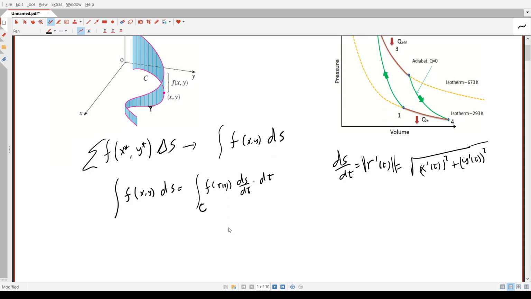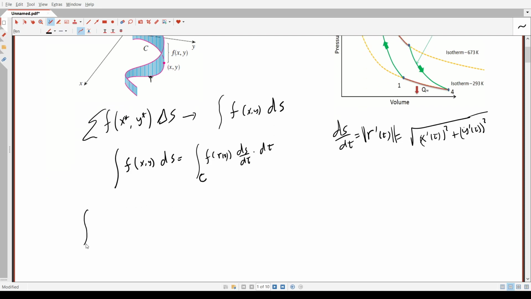So to finally put it all together, this integral over whatever curve I'm interested in of f of x y ds is going to be equal to the integral from t0 to t1, or whatever t's we're interested in, of f of r of t times the magnitude of r prime of t dt.